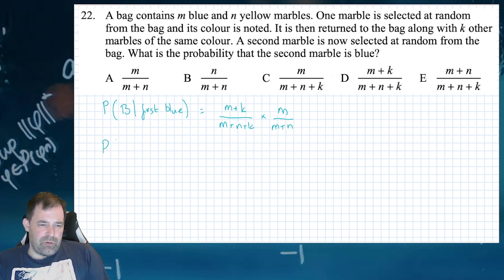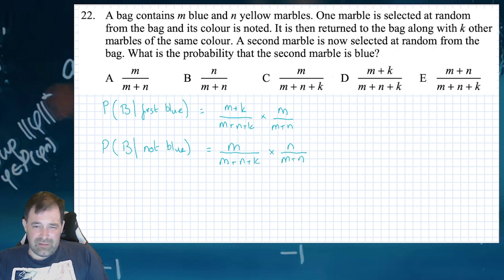And then the probability of it being blue given not blue is going to be this one, C, as in there were no extra blue ones in, because the first one we picked was yellow.